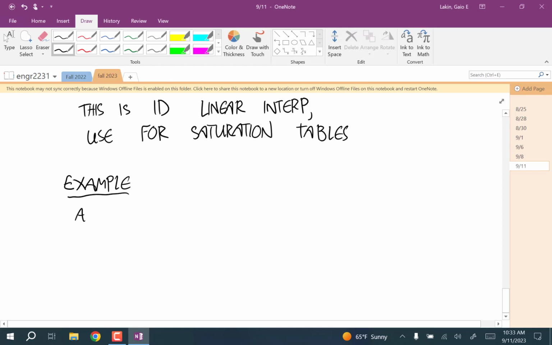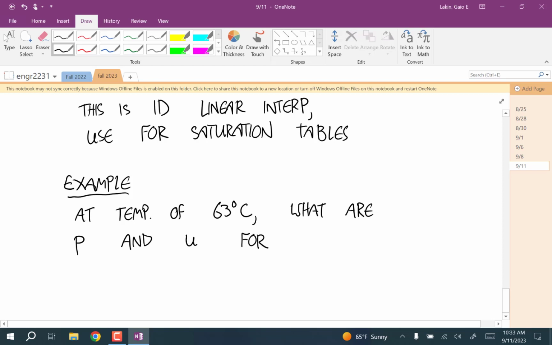So at a temperature of 63 degrees Celsius, what are the pressure and the specific internal energy for, let's do this for two different things.